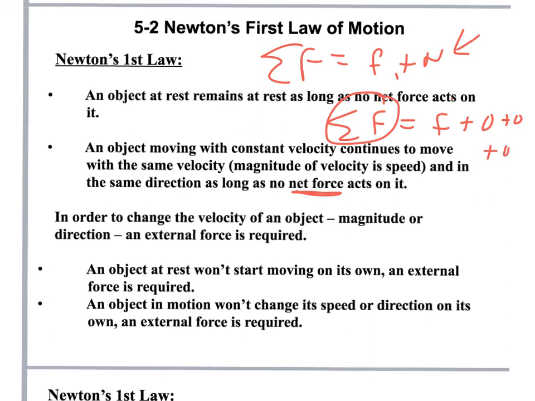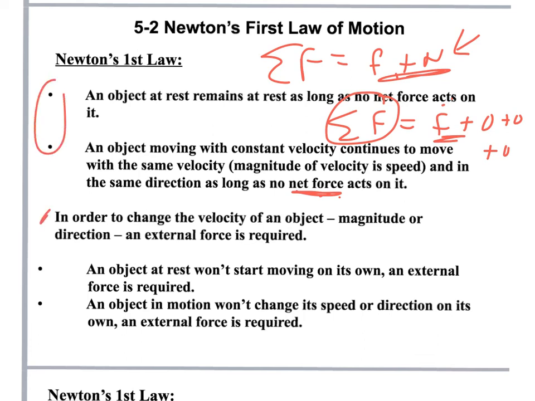Everything else is zero except friction. That's why we can still say that a net force could mean a single force, or it can mean multiple forces. As long as we have no net force acting on it, the object is going to either stay at rest or stay in motion. Again, we want to remember these two bullets here. They're really important. That's Newton's law.